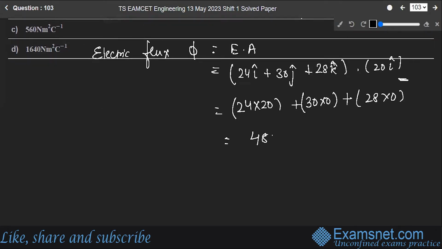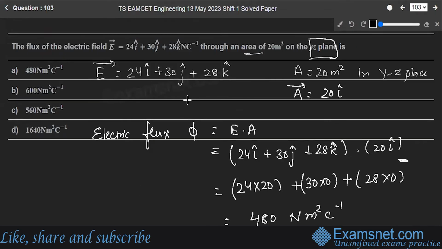This is equal to 480 Newton meter square per coulomb. So this is the answer to the question. Let's check with the options now. Here you have option A as the correct answer. Hope you got that. Let's move to the next question now.